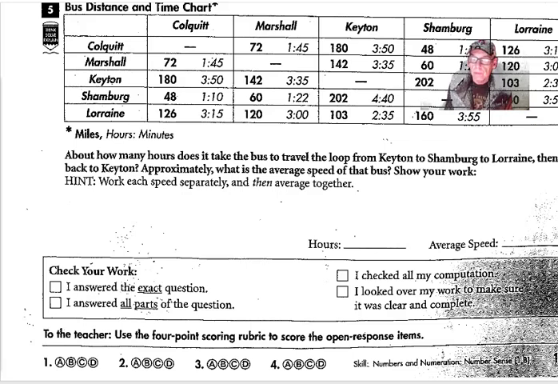So Keaton, talk about how many hours it takes. So we're going to be dealing with the times columns here. Keaton to Schaumburg is 440.